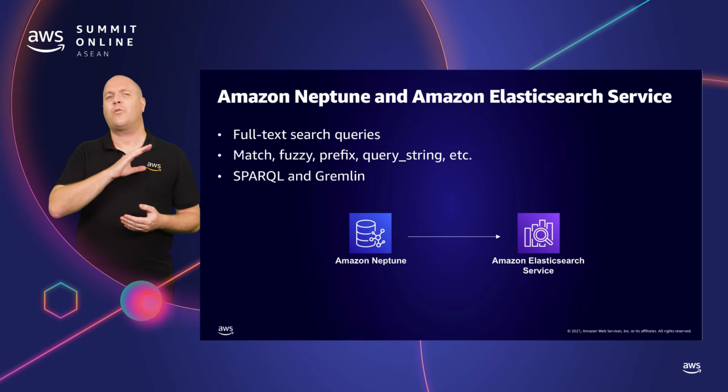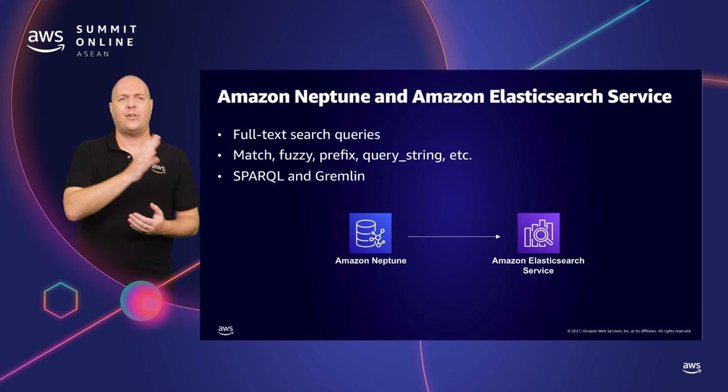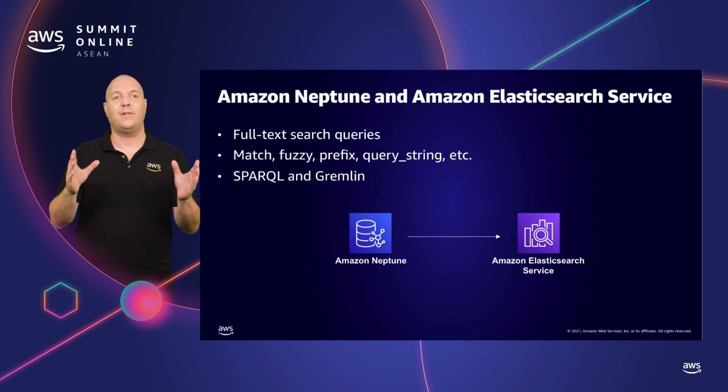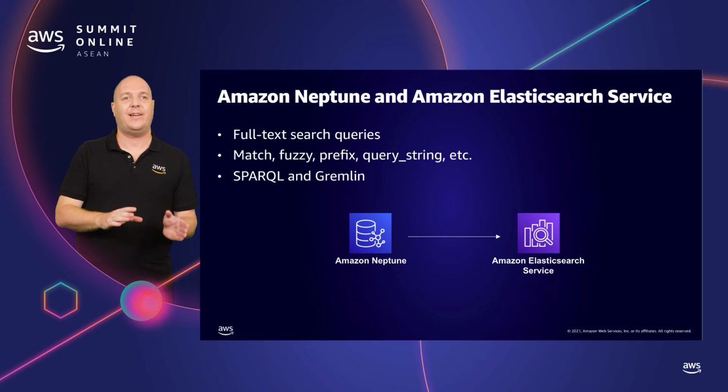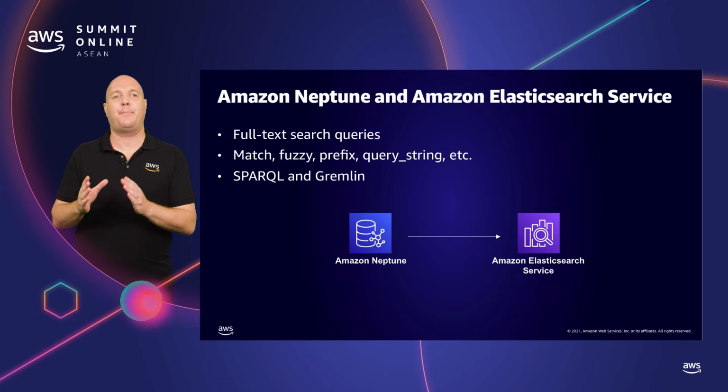Amazon Neptune works really well in combination with the Amazon Elasticsearch Service. And vice versa, but that I'll leave for Charles to explain. The Amazon Elasticsearch Service is good at managing full text search on your dataset using text indices. You can leverage that capability in your Neptune cluster.